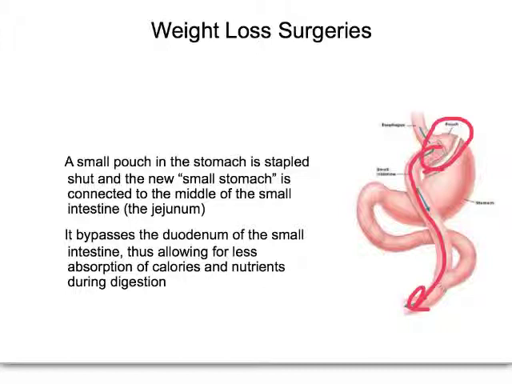And it also bypasses the duodenum, which is the first part of the small intestines, and so if you bypass some of the small intestines, you're going to allow for less absorption of calories and nutrients during digestion. So basically, they eat less and they absorb less, therefore they lose weight.